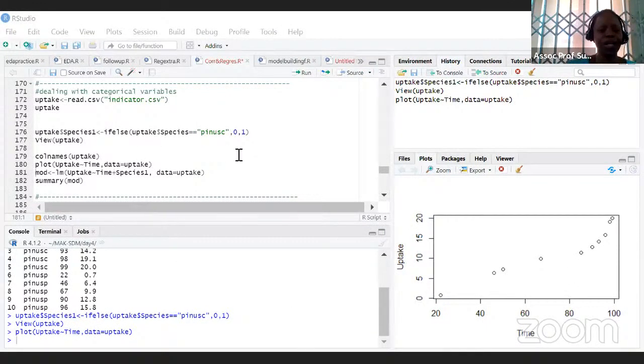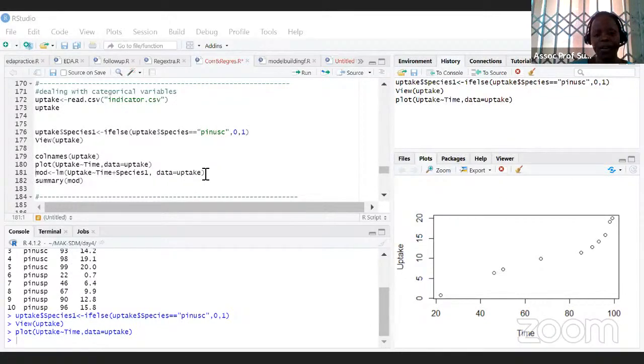Okay, so we run line 181 and the object name is called mod. Linear model: uptake is a function of time plus species 1, and data equals uptake.